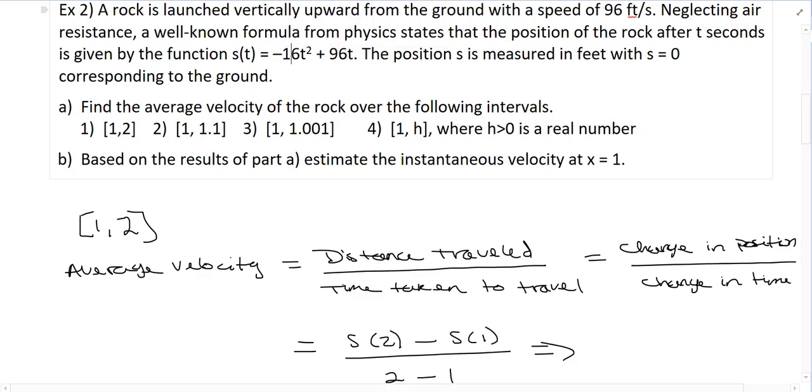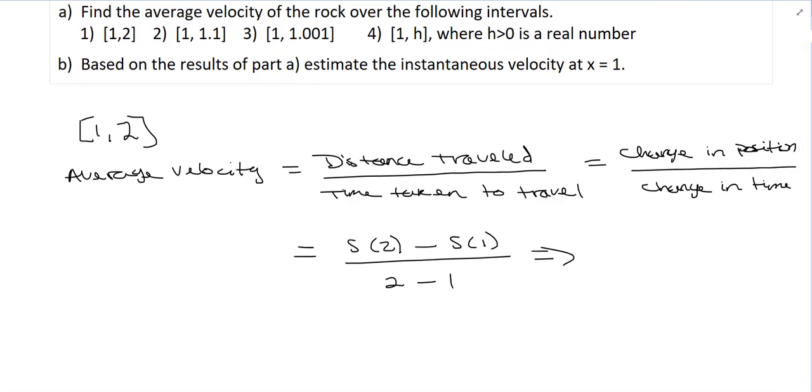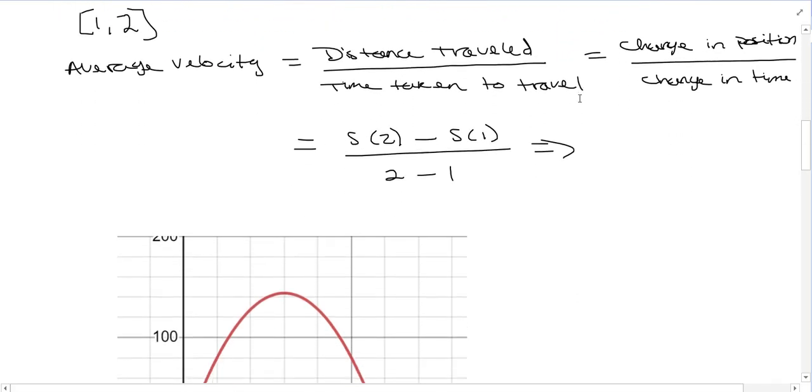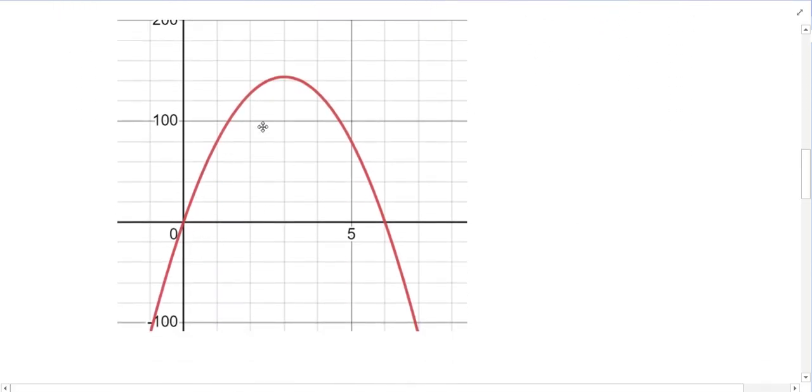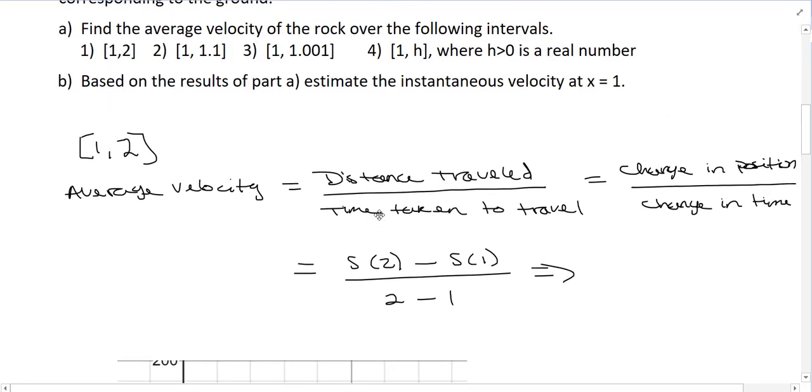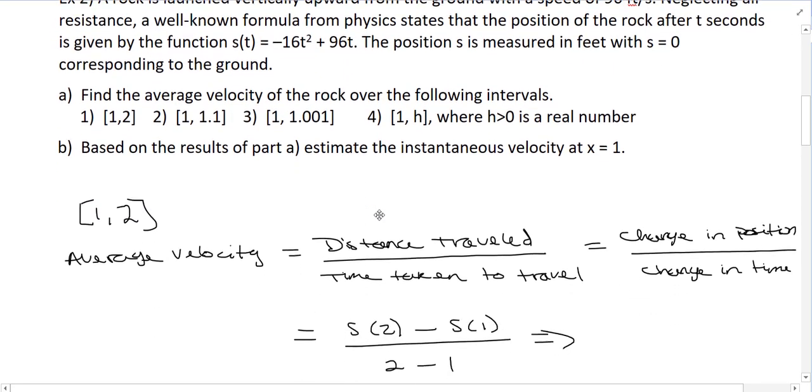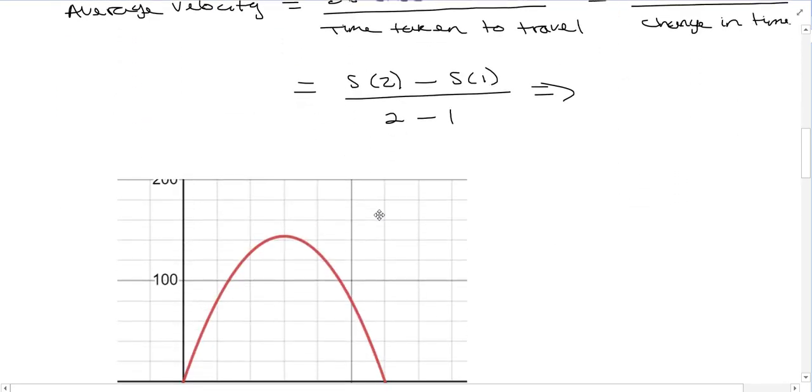So let's see what that looks like. So what we're looking at over here is this function. And so notice that it has intercepts at 0 and at 6. And you can quickly see that from the function that we have, s of t equals minus 16t squared plus 96t.